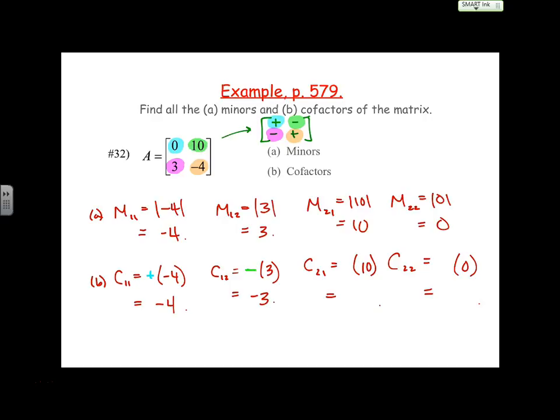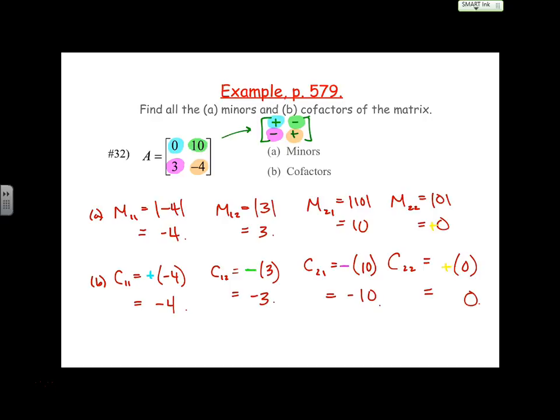So 2,1 goes with a 3, which goes with a negative, so I put a negative in, and what's a negative times positive 10? Negative 10. As I go to the next one, we don't have an orange. Awkward, it's going to be yellow. The negative 4 goes to the positive, so I put in a positive, but a positive with 0 is just going to be, well, that's 0 no matter what.